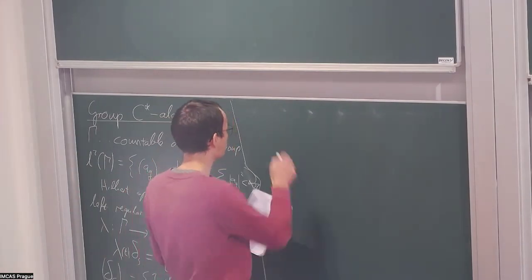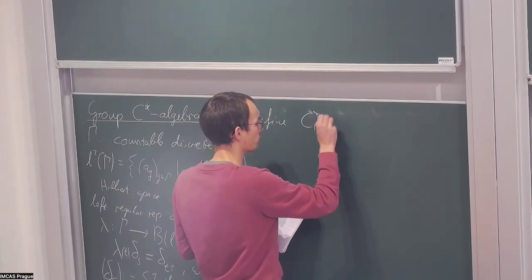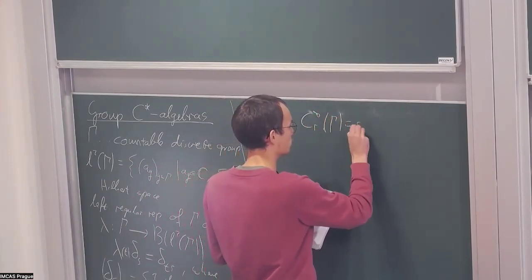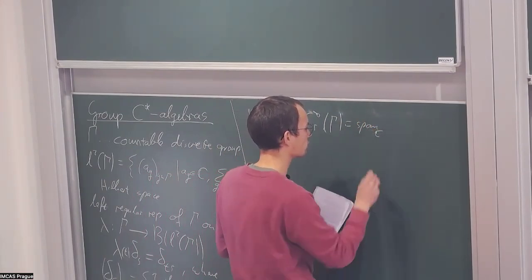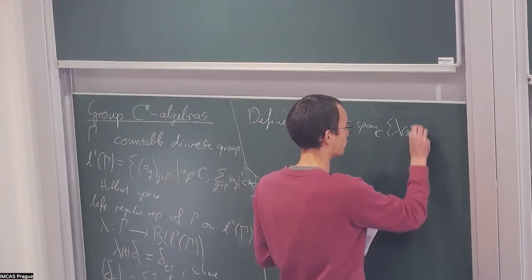And so now we define C star reduced of gamma to be the C linear span of all such operators.